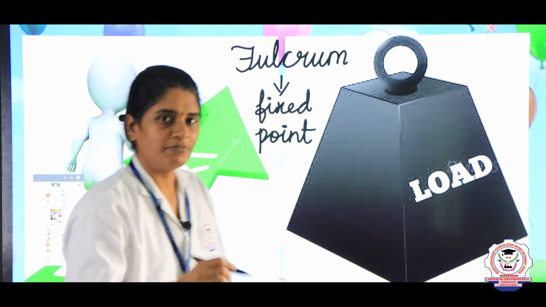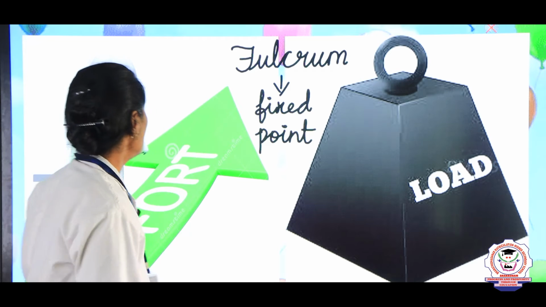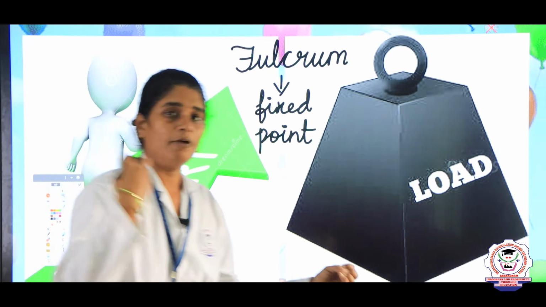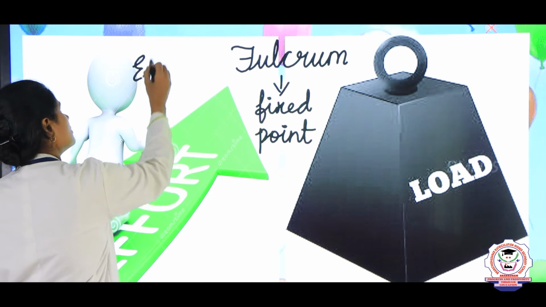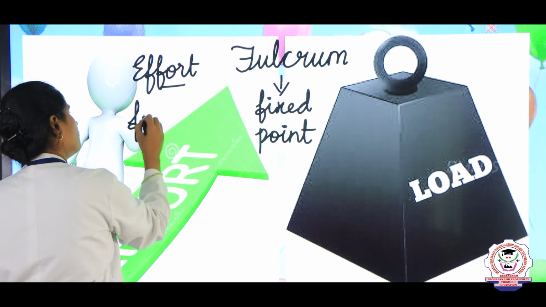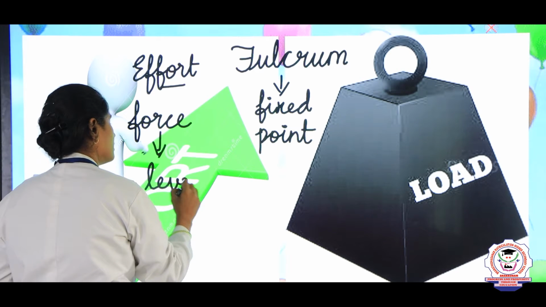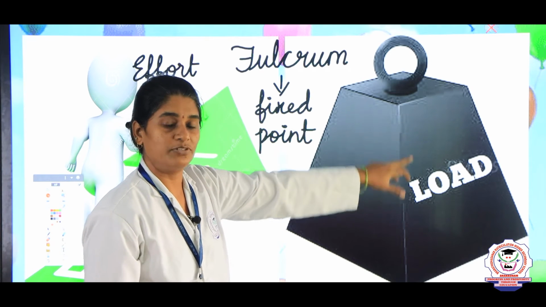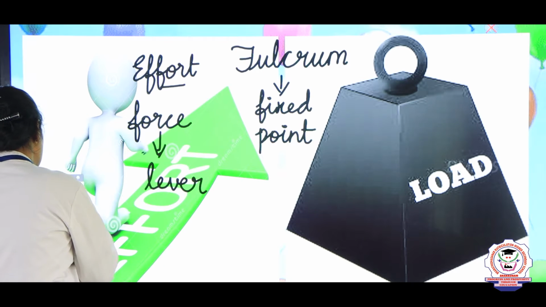Then there will be an effort. Effort is the force applied on the lever. And you can see a load. What is load? Load is an object on which work is being done.